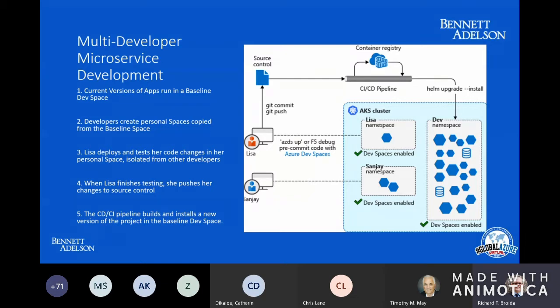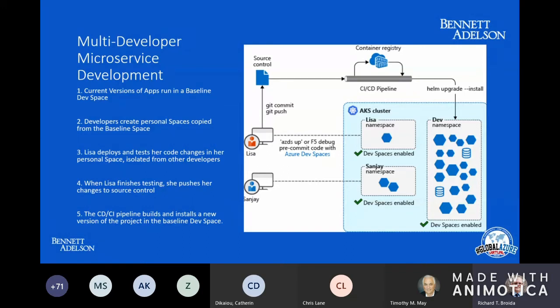Dev corresponds to the shared branch in source control, where, when developers work on individual microservices or individual features of an application, they'll create their own personal branch in the source control system. Check that out. Start editing code and testing the code they write in that branch.